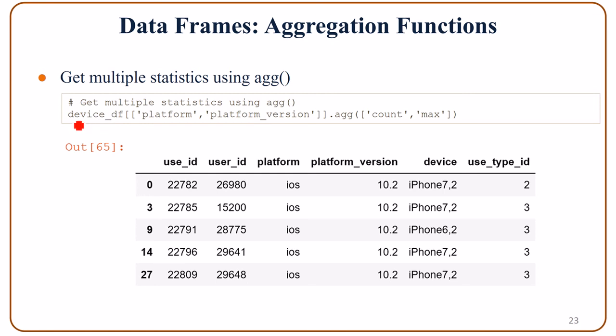So if we apply that, we call the method agg with count and max, for the two types of statistics, on device df, and this is what we have.